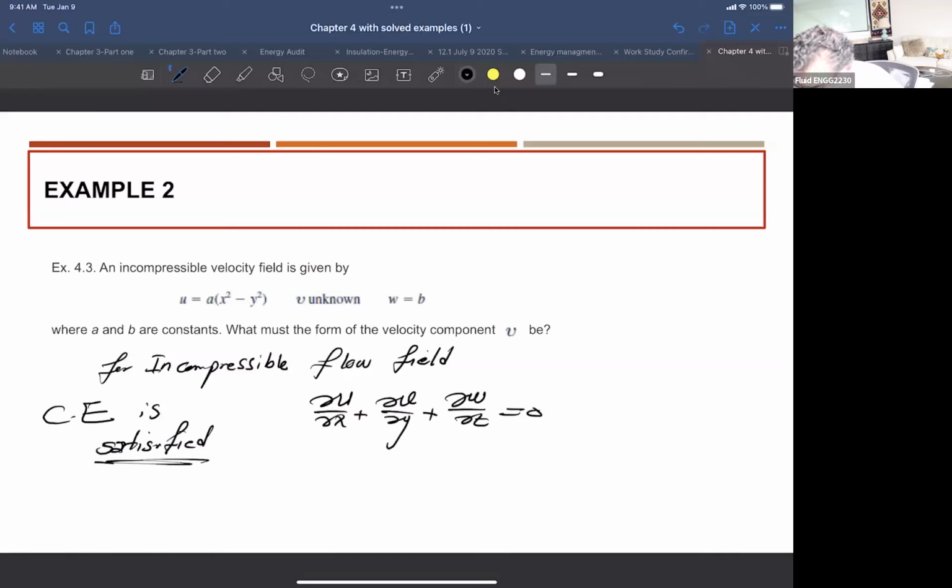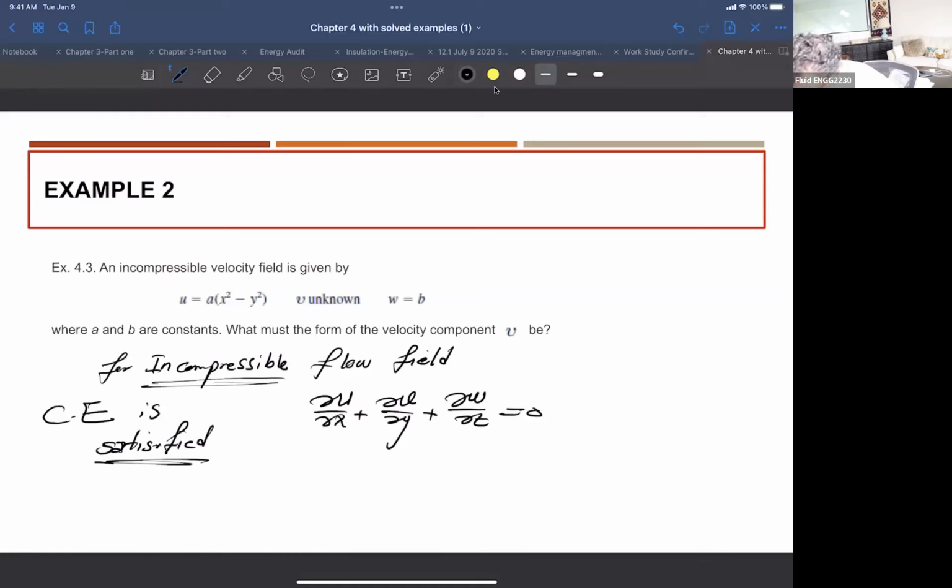So this equation has to be valid, and it's for incompressible fluid. This is a form of the continuity equation, or the conservation of mass. So basically what I need to do is satisfy this equation.